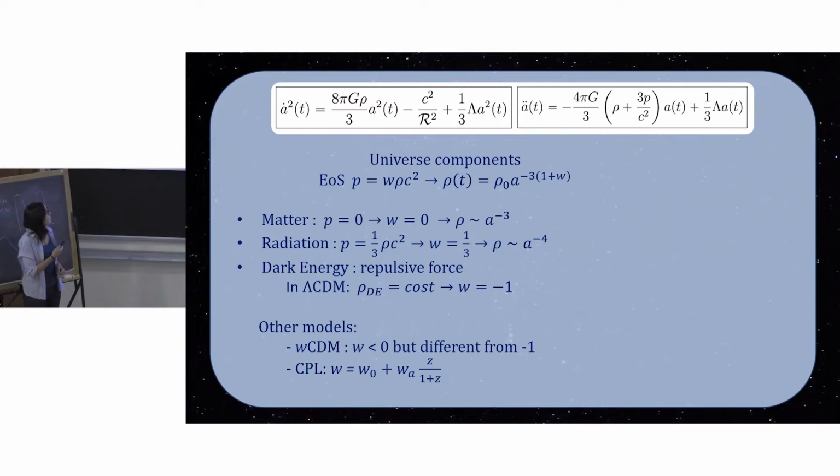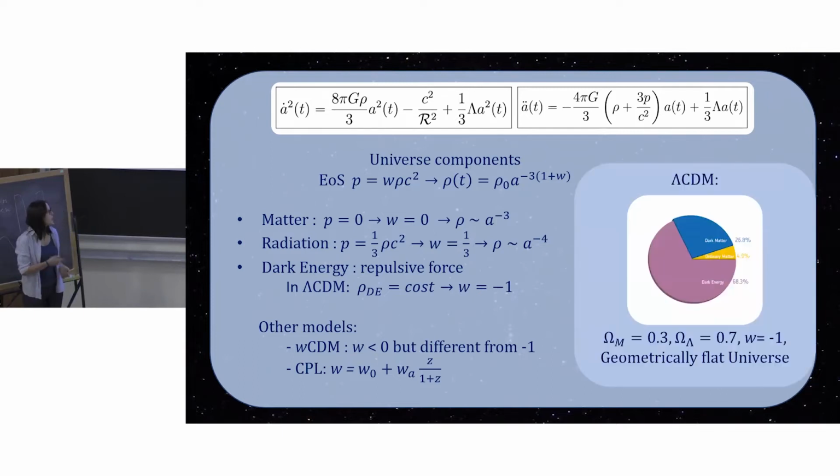And then we have this repulsive force. Now, in the standard cosmological model, the lambda CDM scenario, this repulsive force is a component which has a constant density with time. So this dark energy has a constant density, and this means that its W must be exactly -1.